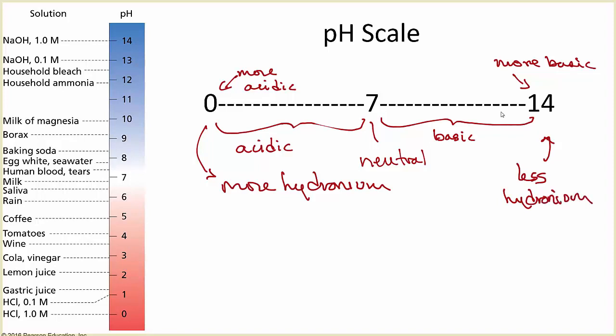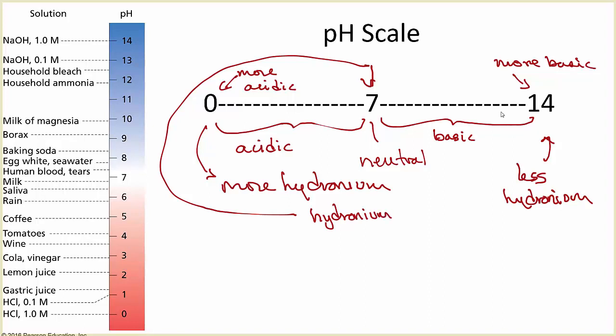Now, I don't have time to go into all the details of the exact values for this class, but if you're right at pH 7, what that actually means, let me just draw a long arrow over here. pH 7. Hydronium and hydroxide in solution are equal.